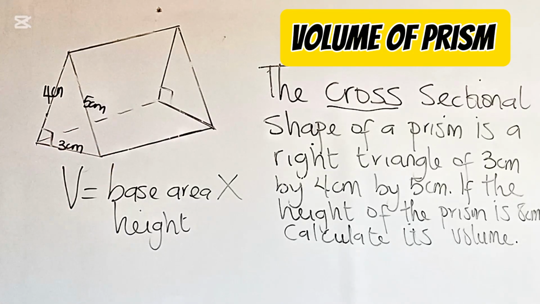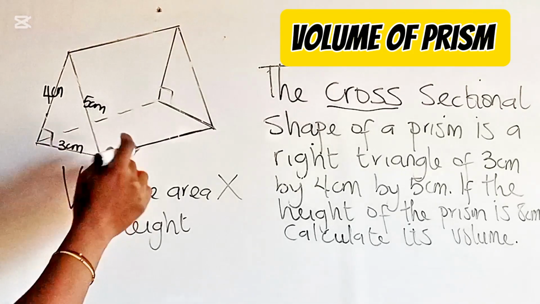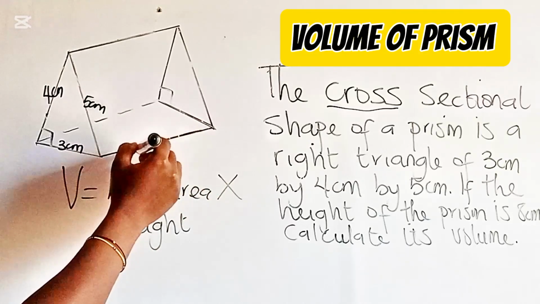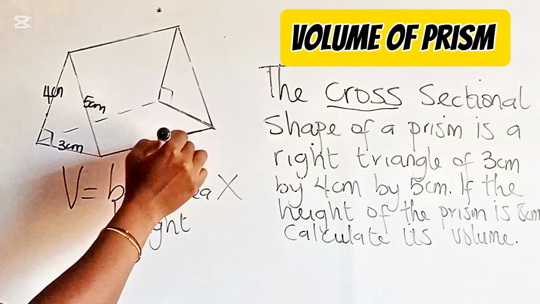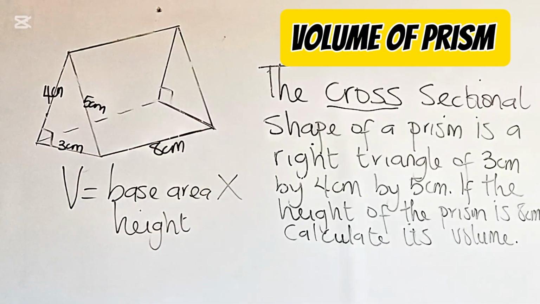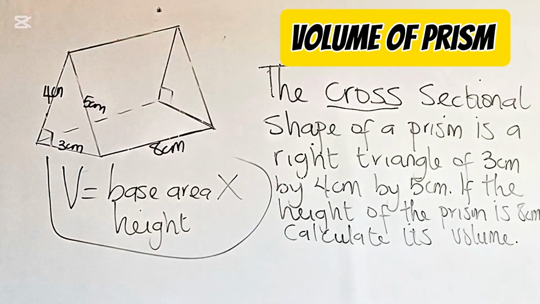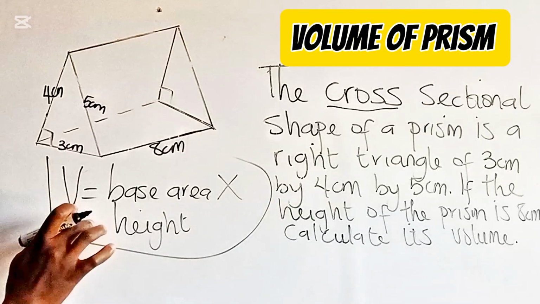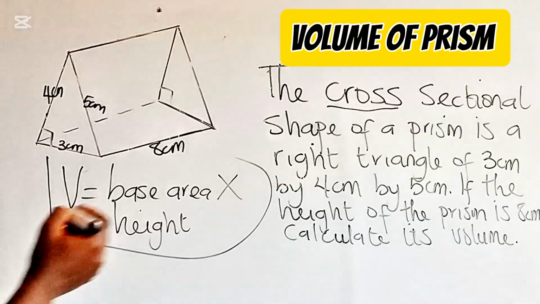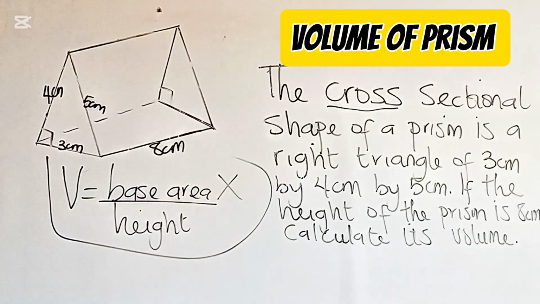We are also given the height of the prism, which is going to be this length here and is 8 centimeter. Now we are told to find the volume of the prism, which is this formula. So to apply this formula, first we will need to find the base area.